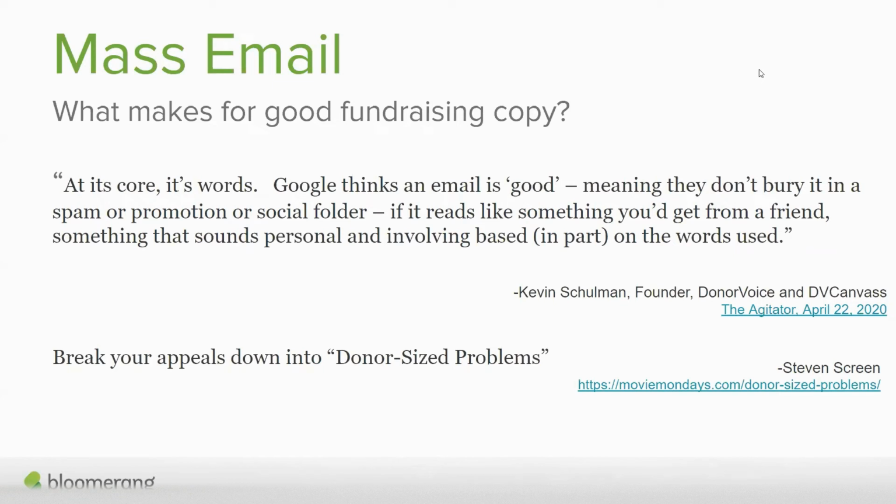And really we talk about what is the relationship that you're building with the donor, and think about your approach there. You really want to personalize it to what is your voice as an organization and how do you engage your supporters with that. And really break down your appeals into donor-sized problems.